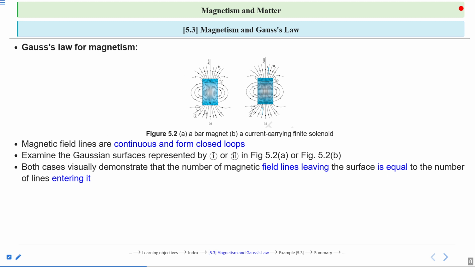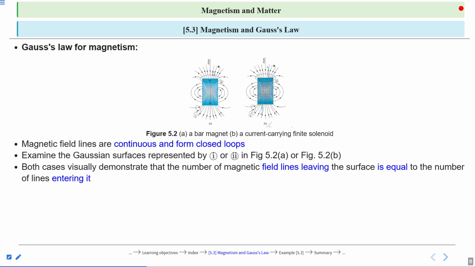Now, in electrostatics, for the first diagram, the net flux was 0. For Gauss's law for magnetism, the magnetic flux through surface 1 is also 0, because the net magnetic field lines entering the surface are equal to the net magnetic field lines exiting it. So the net magnetic flux through the first surface is 0.